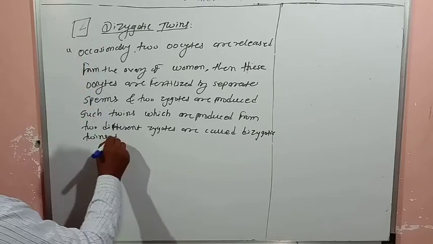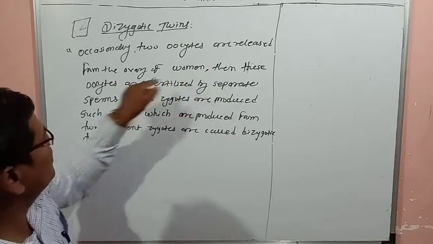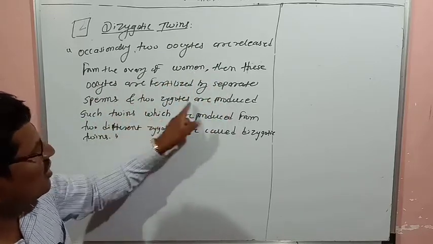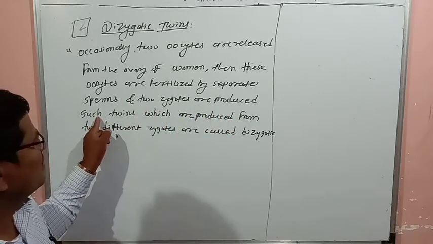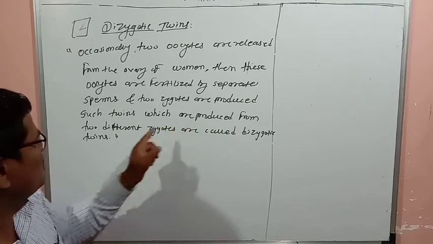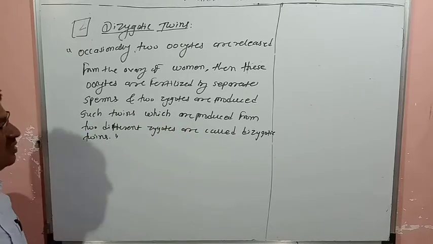So occasionally two oocytes are released from the ovary of the woman, and then these oocytes are fertilized by separate sperms, and two zygotes are produced, and such twins produced from the two different zygotes are called dizygotic twins.